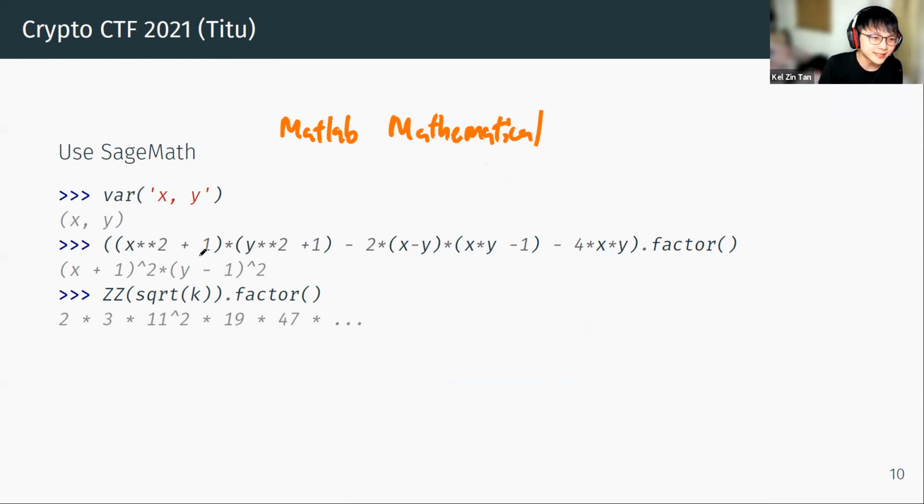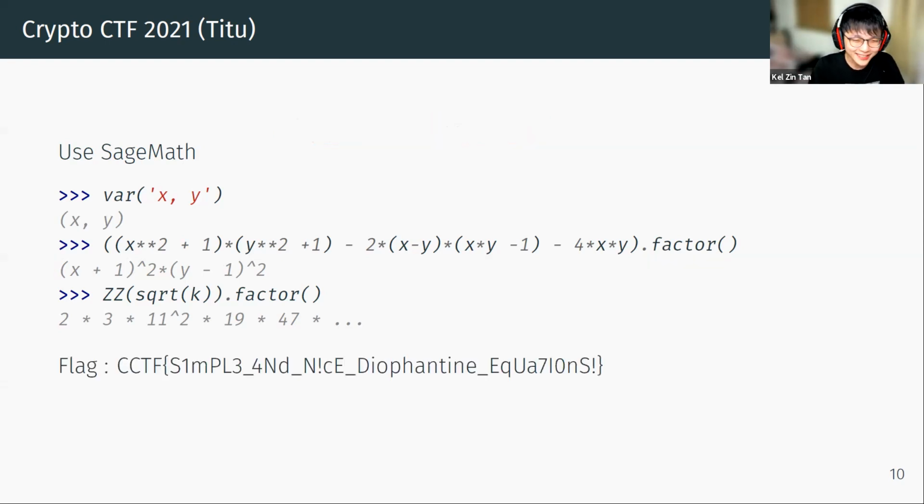What you need to do is just put in the equation and then call dot factor, and you get the result, and you solve the question. The solution is actually less than 3 lines. Well, not less than 3 lines. If you include the values of x and y and some logic, it can be solved in around maybe 10 lines.